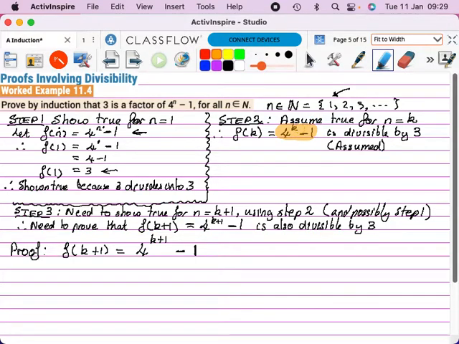So in order to make this look like step 2, I need 4 to the power of k. So I'm going to use the addition law of indices. So I'm going to write 4 to the power of 1 times 4 to the power of k, because the addition law says that you're multiplying the bases with the individual powers. So I've now got that.